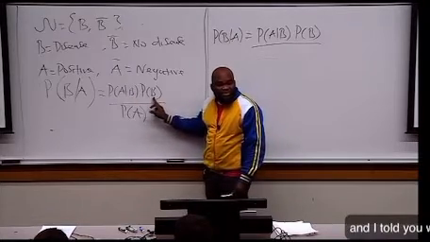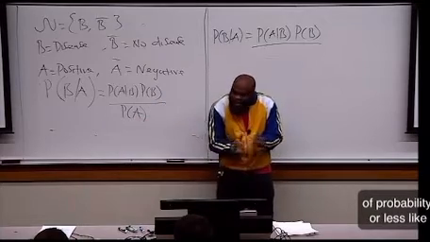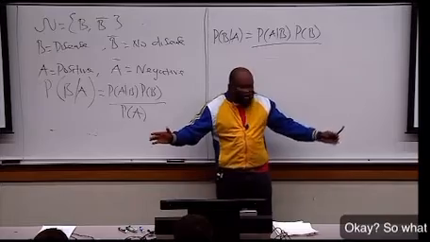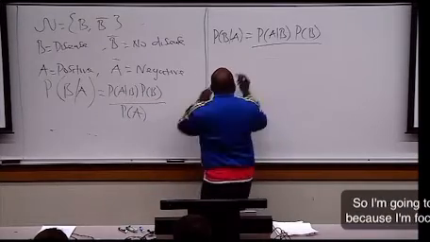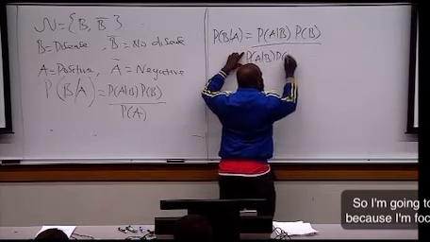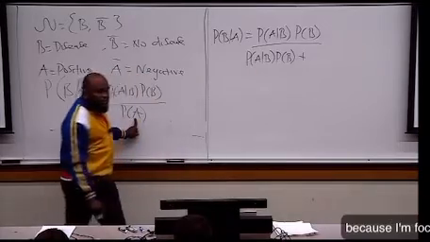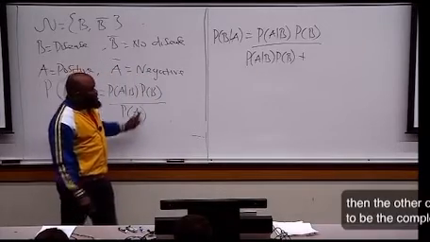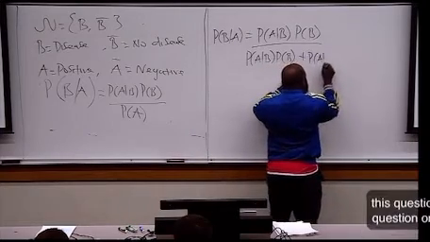I told you what you're going to have in the denominator of probability is more or less like totality, so what you have in the numerator is going to be part of it. Because I'm focusing on A, the other one is going to be the complement of B. So I'm just going to write this.